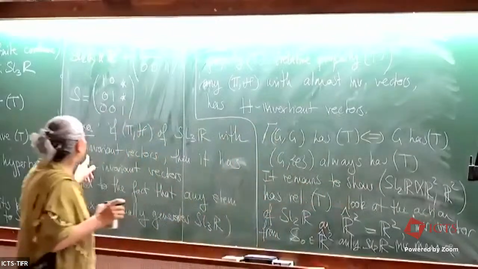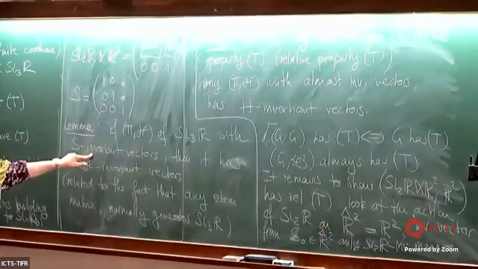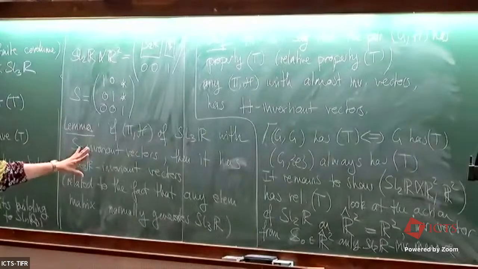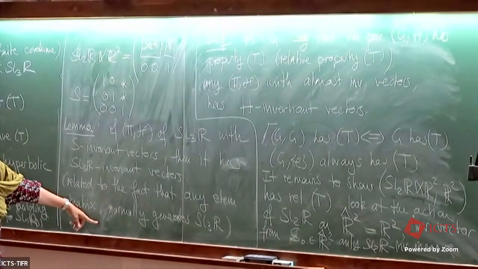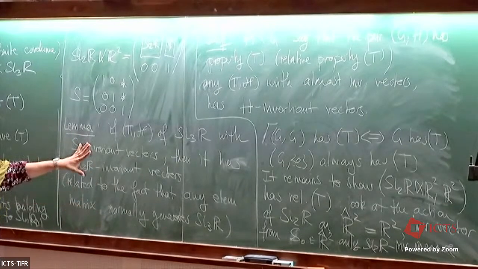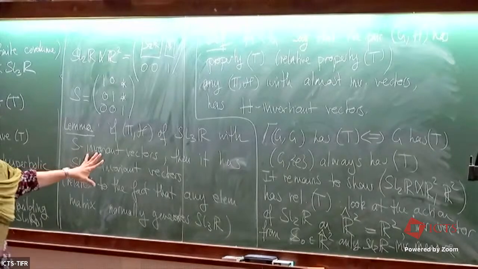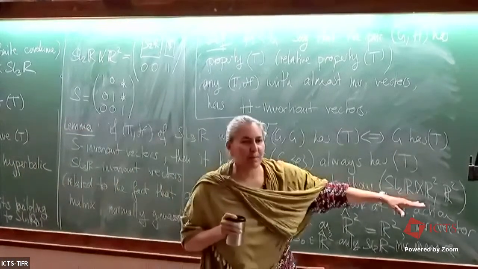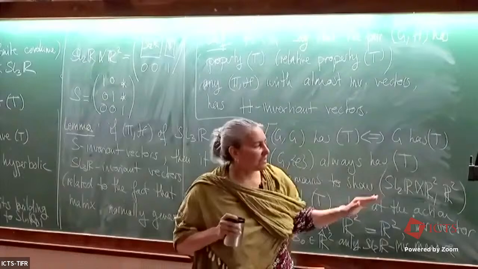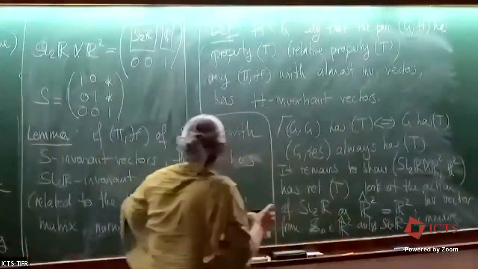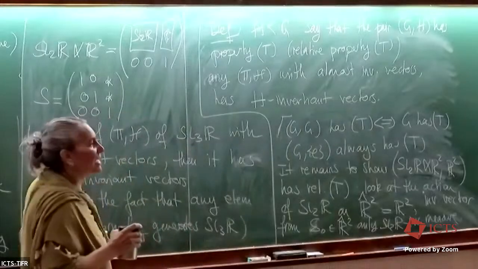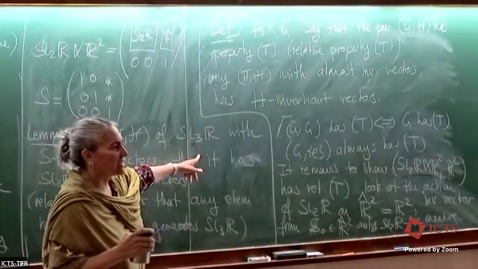And because of this fantastic lemma, which I think is one of the best lemmas in matrix groups, then you have an SL3R invariant vector. So start with a representation with almost invariant vectors, restrict to the semi-direct product, use relative T to get R2 invariance, and then use this lemma to get SL3R invariance.